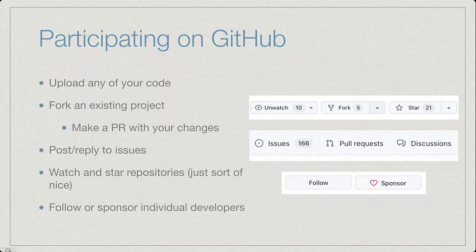You can also fork an existing project and make a PR with your changes. I'll be going a little bit into this. That's the collaborative and social way that you can use GitHub, that you have these ways of working with other people's code in a lightweight way without necessarily having to sign a whole agreement with them or be at their company or whatever.